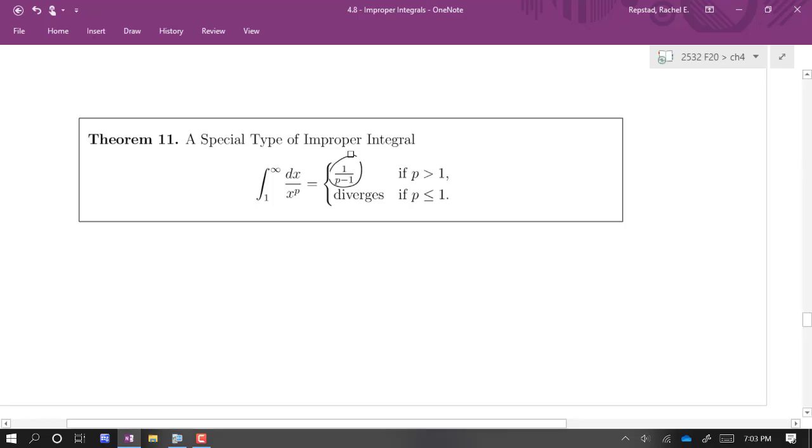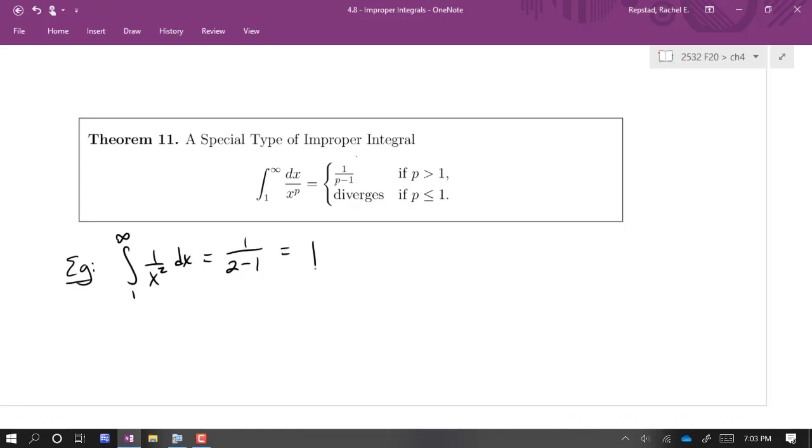So, for example, the integral from 1 to infinity of 1 over x squared, using this theorem, says this should be 1 over 2 minus 1, because p is equal to 2 here, which is 1. And we actually already figured that out. That was the very first example that we did in this section.